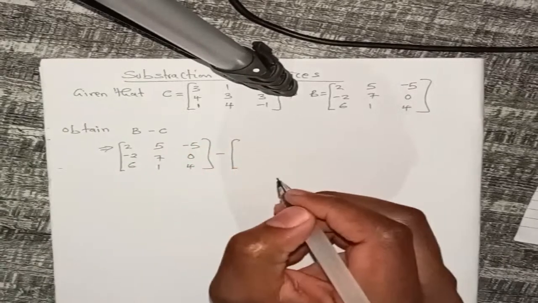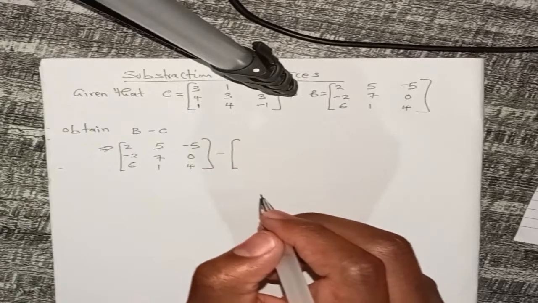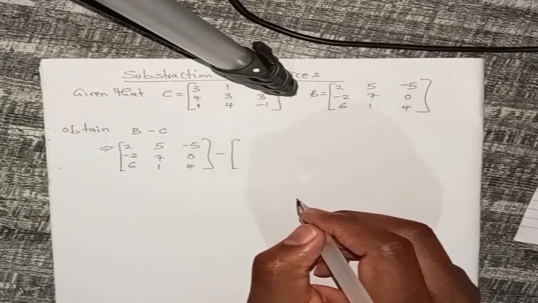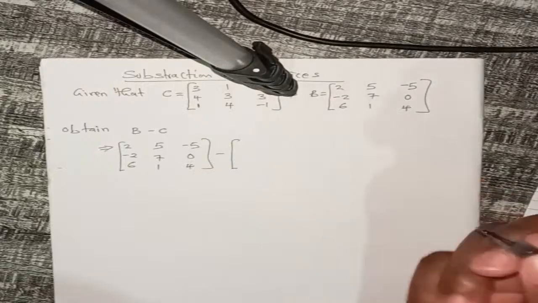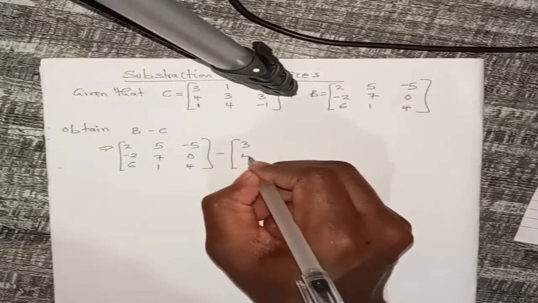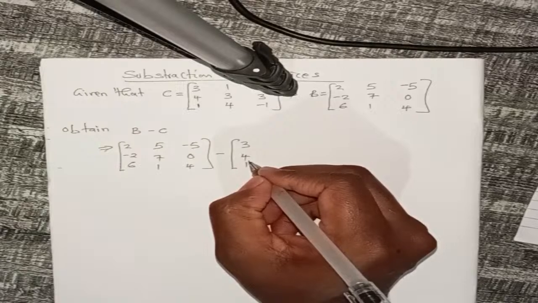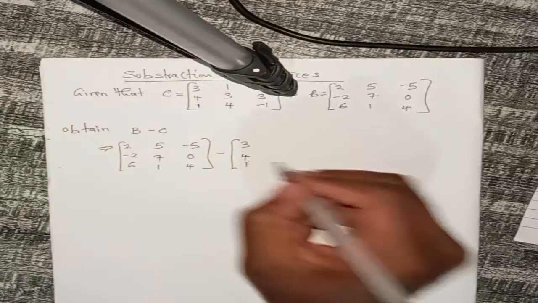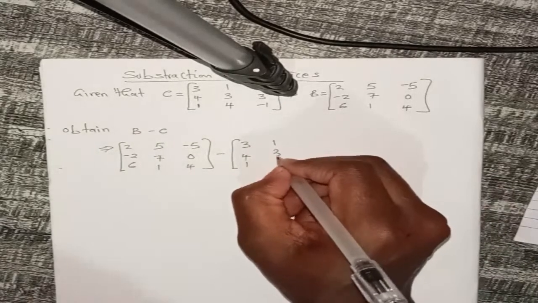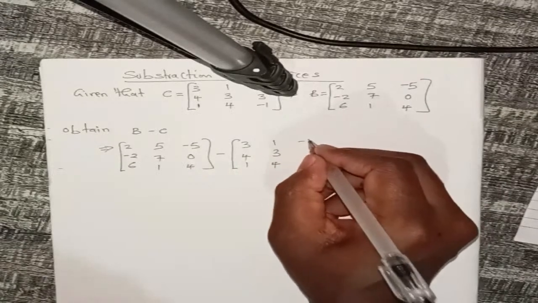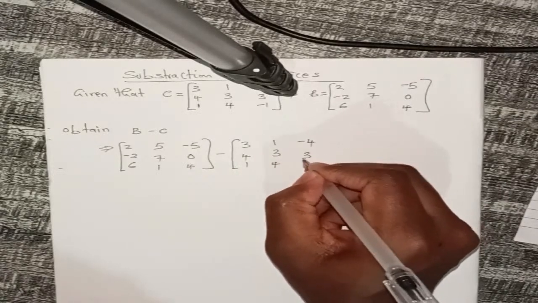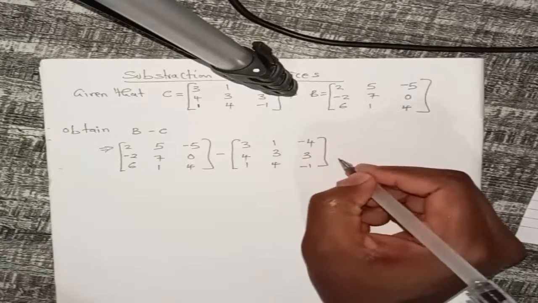You subtract 3, 4, 1, then 1, 3, 4, minus 4, 3, minus 1.